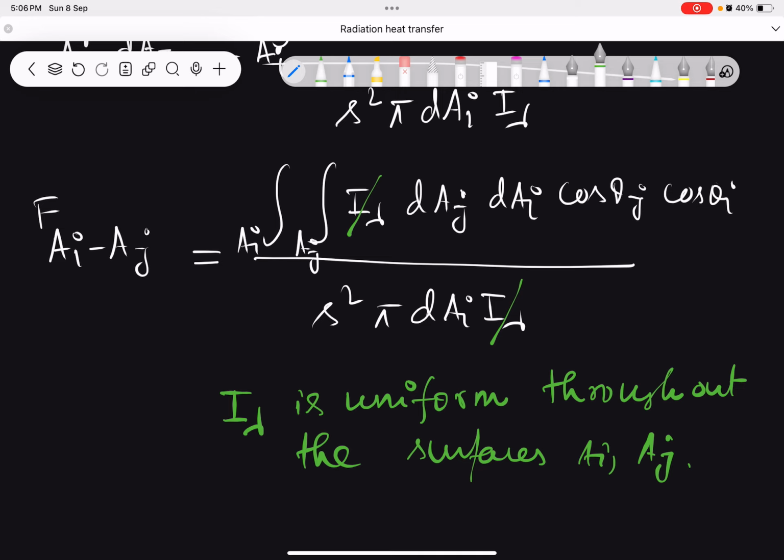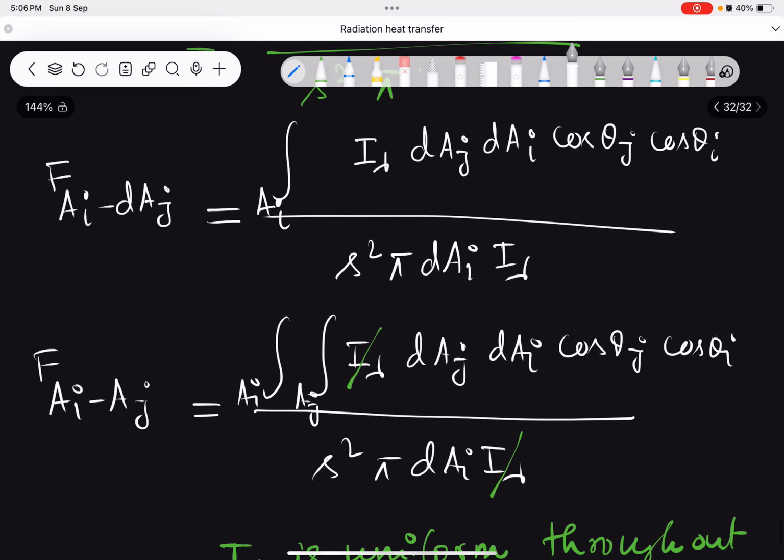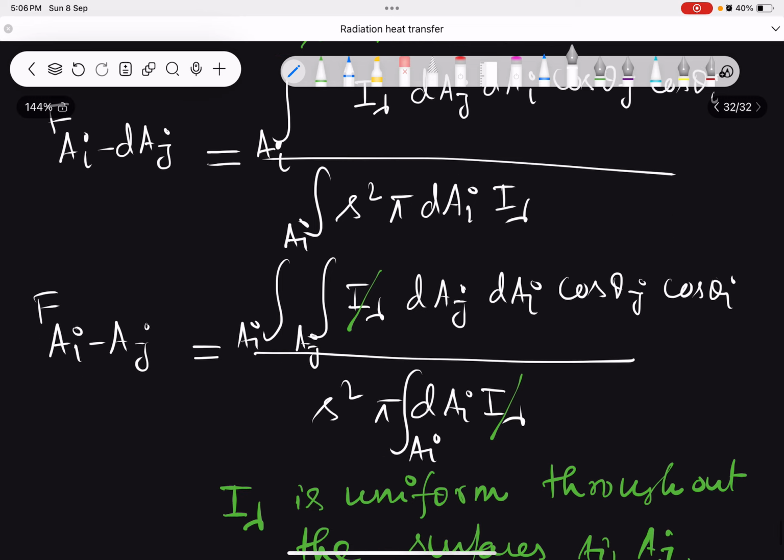Here I have made one mistake. Here also I have to integrate over Ai, and here also I have to integrate over Ai. So this thing is nothing but your Ai.